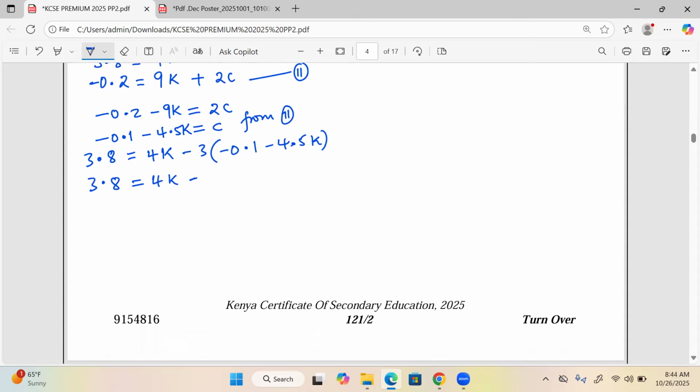This becomes positive 0.3. Then again, positive 4.5 by 3, positive 13.5K. When I join the K's together, I'll be adding 4 here to make it 17.5K.